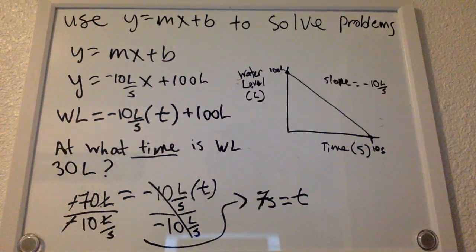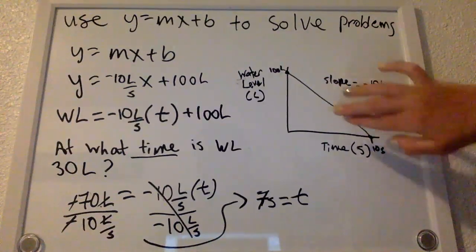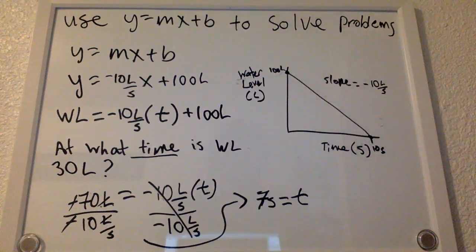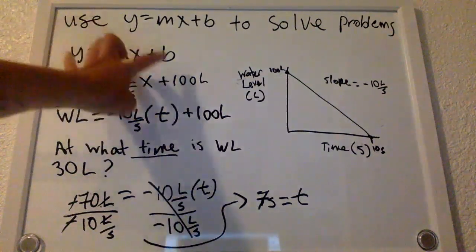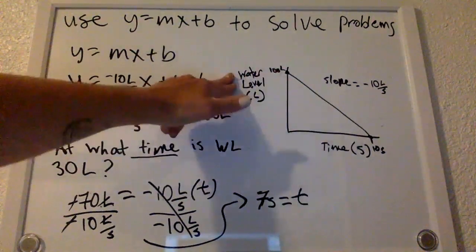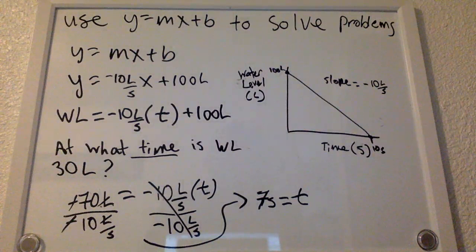So this is really powerful because sometimes we don't know all of the little pieces of our graph, or sometimes we might have a graph that's bigger than the data that we could actually collect. So we would have to use y equals mx plus b and come up with the relationship between x and y so that we can actually just mathematically solve it instead of graphically solve it.